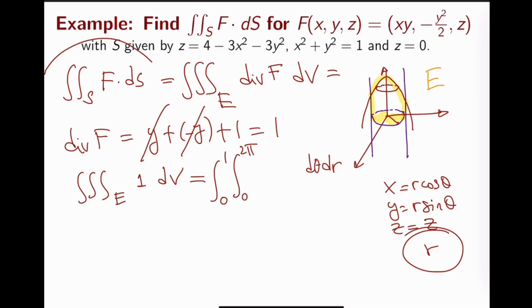And z is going to vary from 0 to this surface, from 0 to 4 minus, we take a 3 as a common factor, minus 3r squared, and then we multiply the 1 by this r.